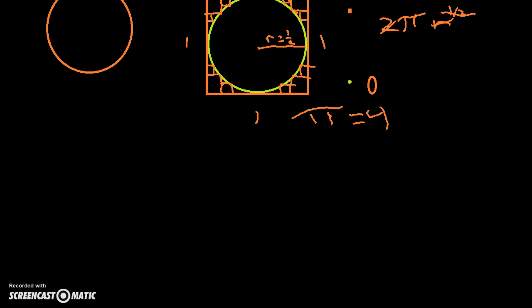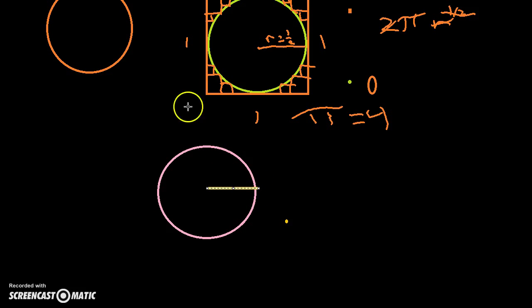Okay, so now let us take a different circle, and let's make its radius equal to 1.